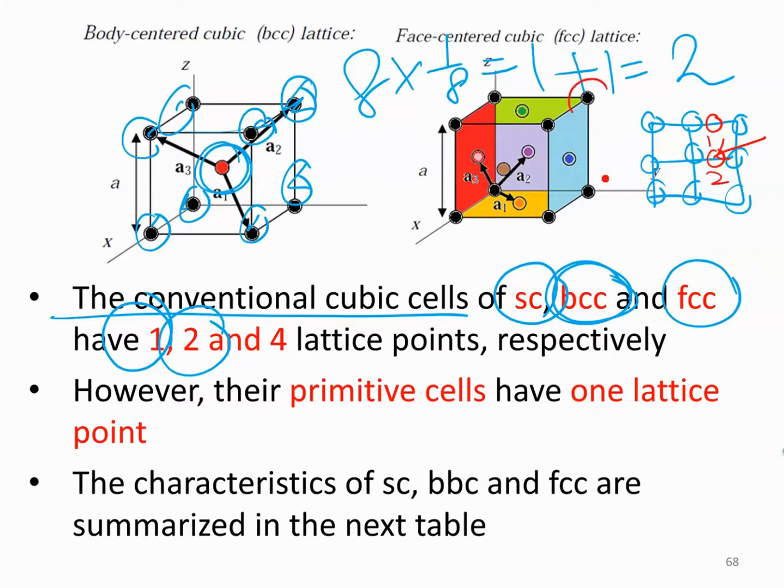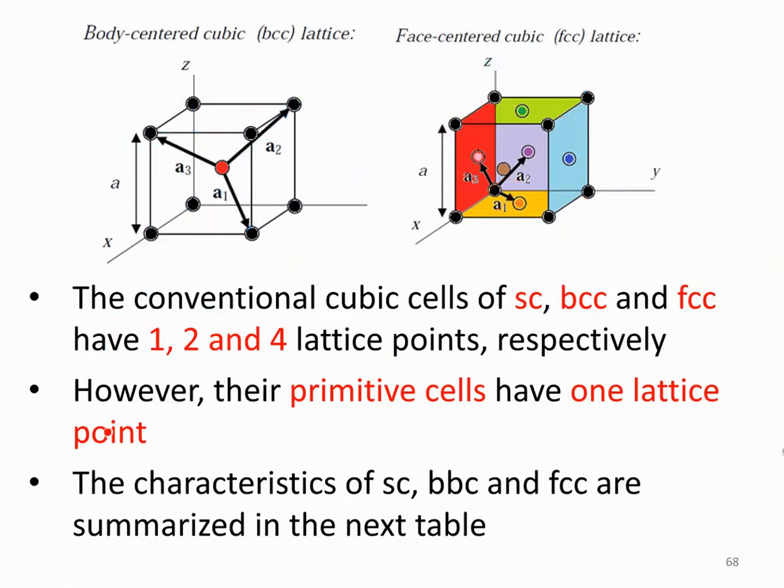We have the 8 corners, 8 times 1/8, and corner contributes 1/8 only. And then the face-centered one is shared by only 2 unit cells. Let me count: there's only 6.